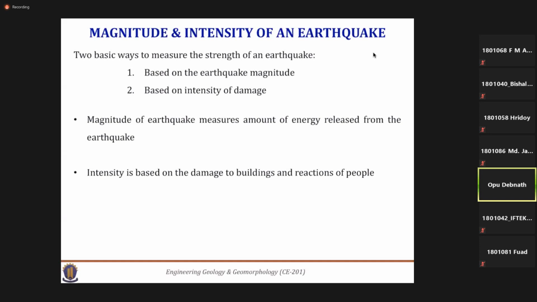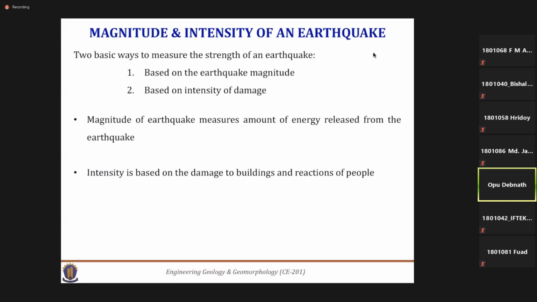Suppose after one earthquake, you need to take a field survey. Based on the people's reaction, number of buildings damaged, etc., based on the visual inspection, we will decide the intensity of the earthquake. And the magnitude is different. This is in terms of mathematics.